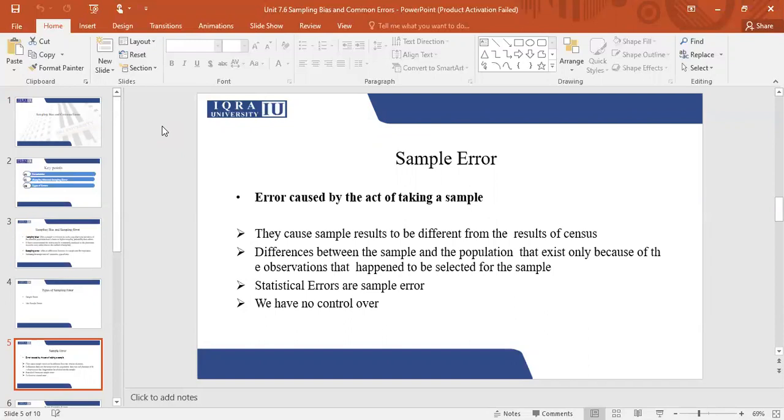Sometimes you don't have control over it. Just to give you an example, if you are working in a children's company and you want to see what influences people to buy a children's toy. If you go and study this with the children, then you might not have the correct answer because it's the parents who are making the decisions of buying something or not. The child might be tempted, the child might go and ask the parents to buy it for them, but it's basically the parents who are buying that particular product.